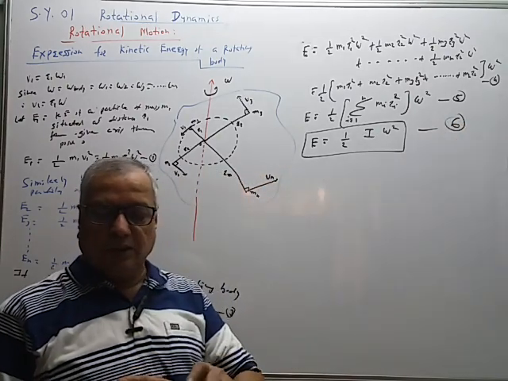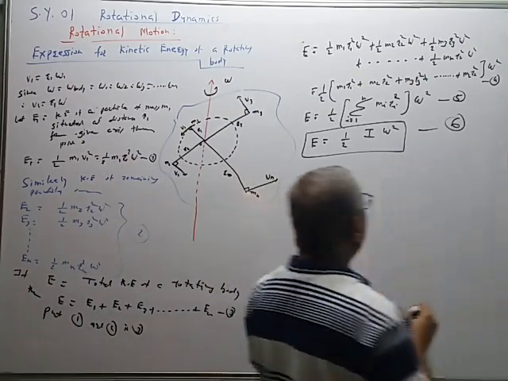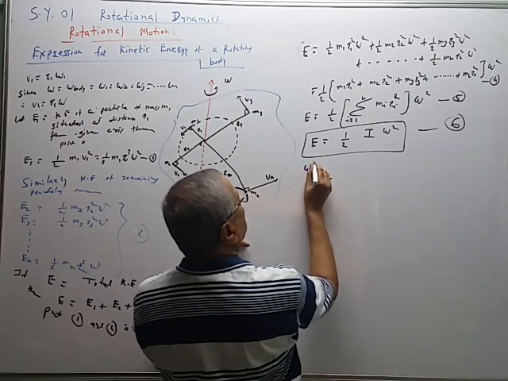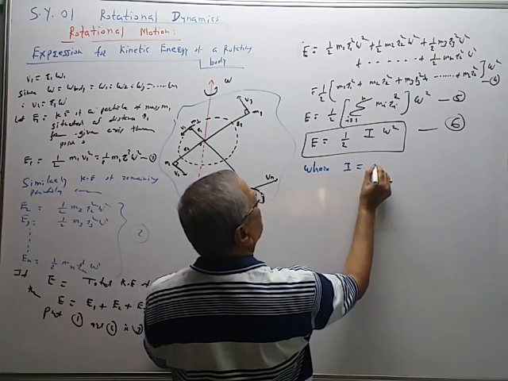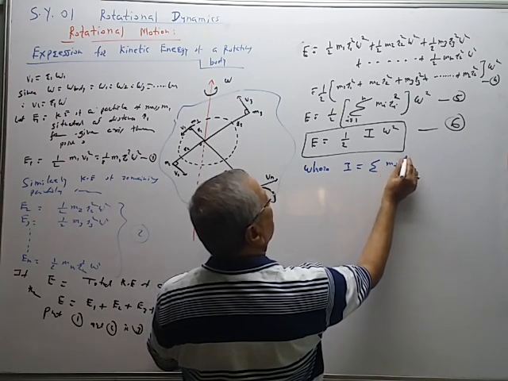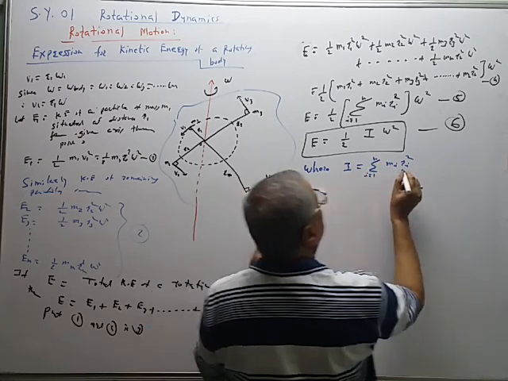Now in this equation 6, what is I? I is the replacement for this quantity, where I is equal to the summation of mi ri square, i varying from the first particle to the nth particle.